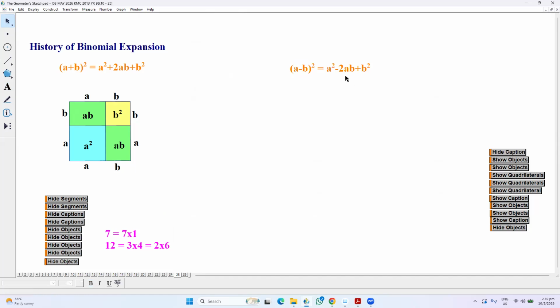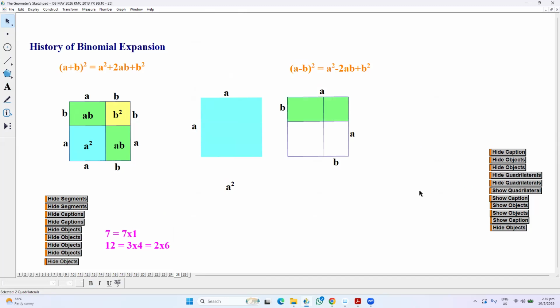If it's A minus B, then we draw a bigger square. Our A is not the small one, it's the whole big one. So we get A square. Then this is AB, the rectangle. Then for A minus B squared, you minus AB, minus another AB.